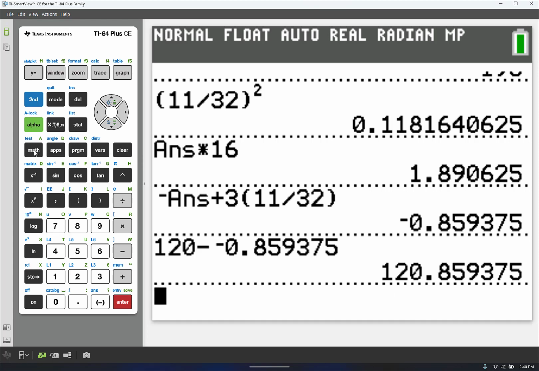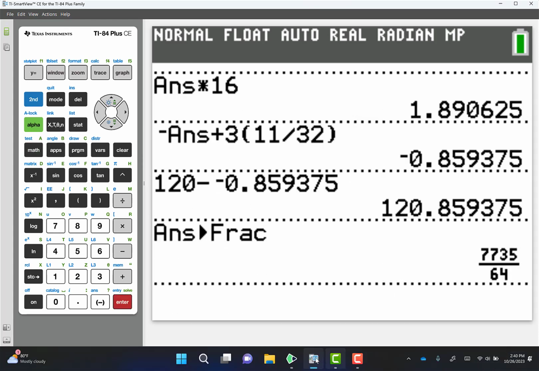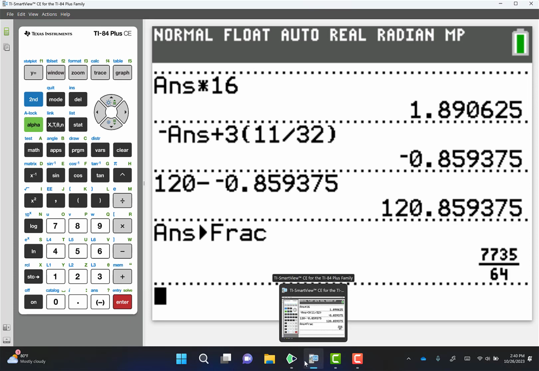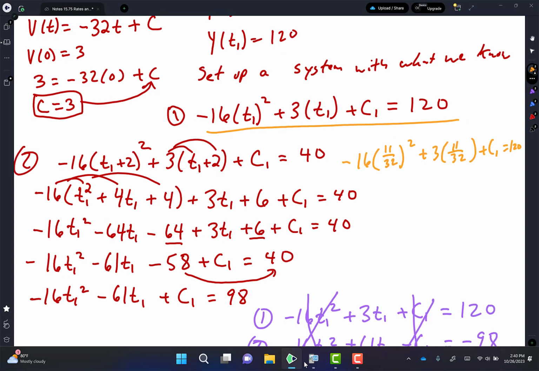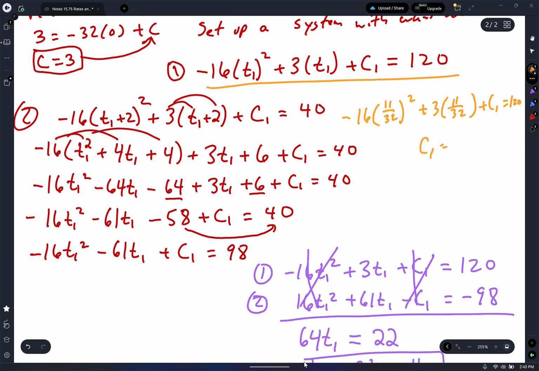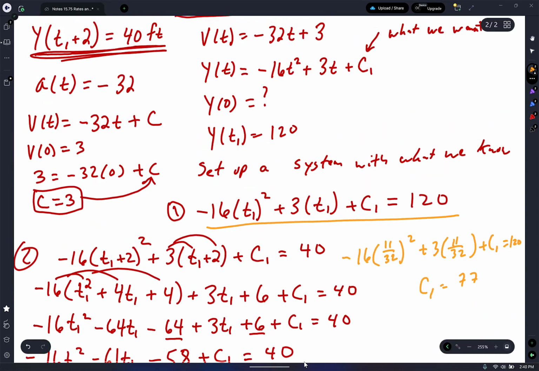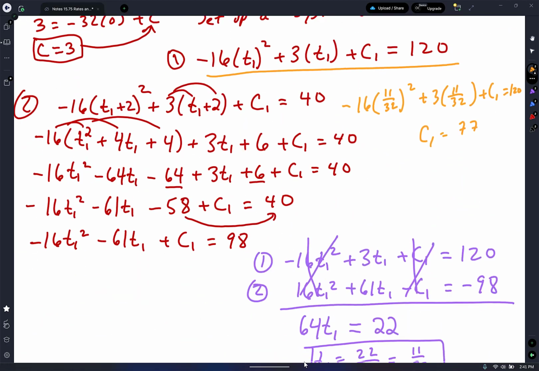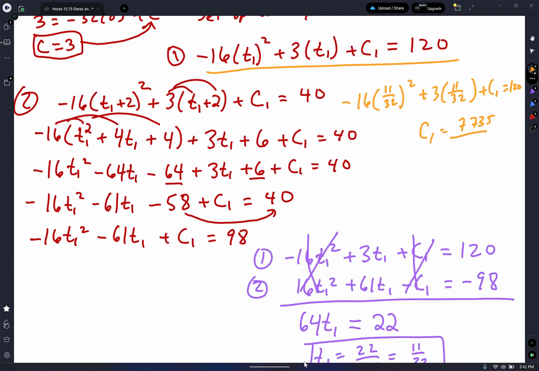And there's my answer. Turn it into a fraction to make it look like the answer key. Does the answer key say 7735 over 64? So there it is. That's my answer. c1 equals 7735 over 64 feet.